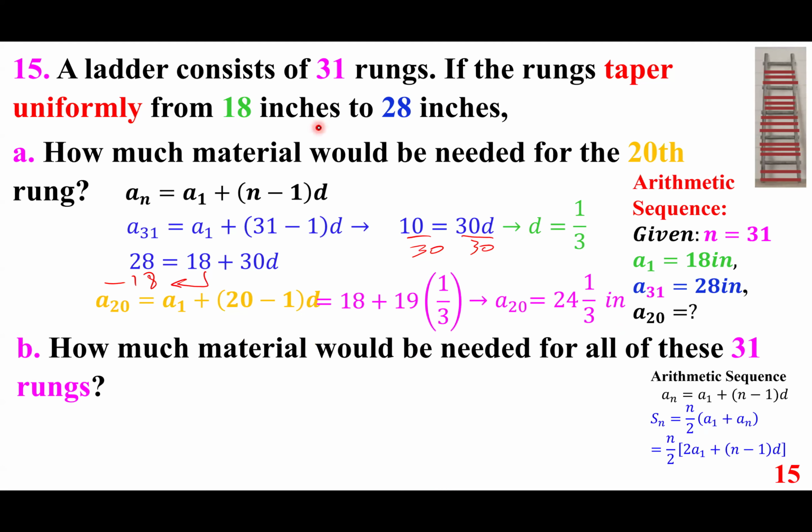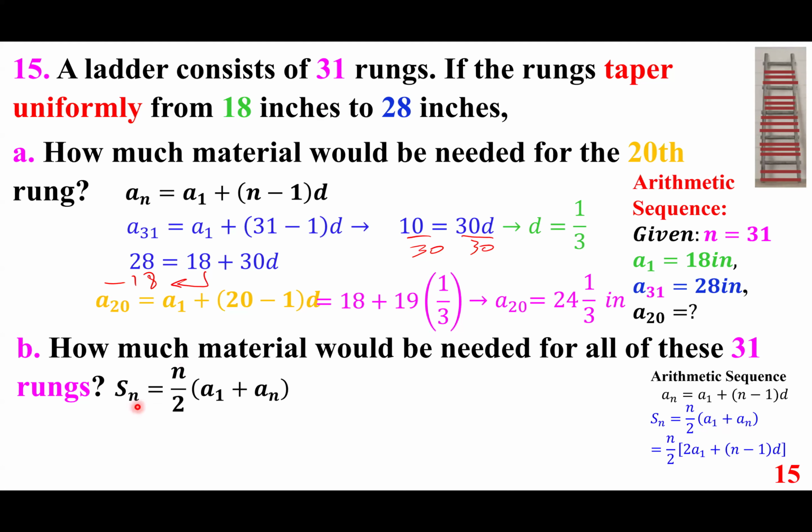How much material would be needed for all of these 31 rungs? We can use any of those formulas. Since we have the A sub 1 as well as A sub N, we're going to go with that formula. So N is 31.